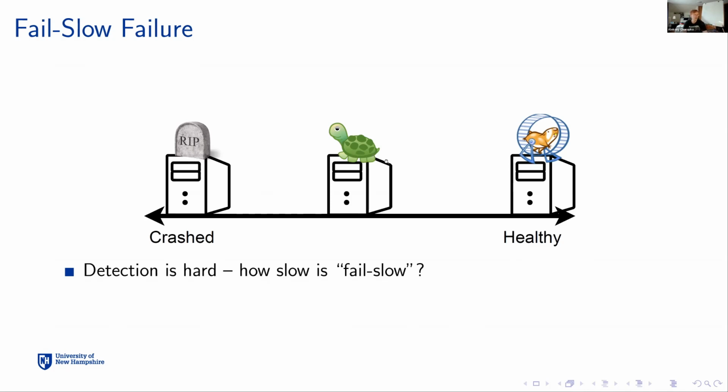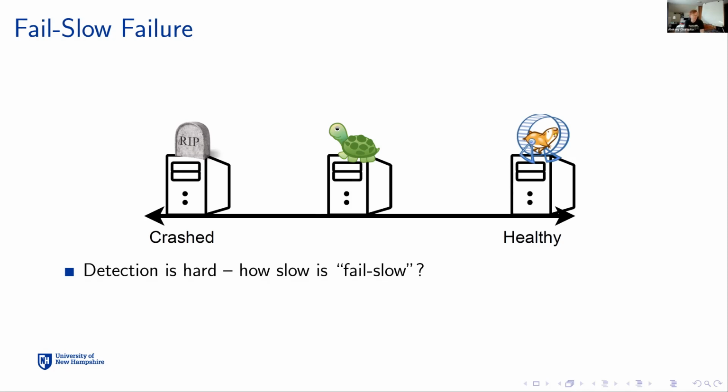Now the slow failures are somewhere in between this completely failed state and a normal, healthy state of a system or of a server or whatnot. It can manifest itself as just something working slow, right? So I put a turtle here to show that this is maybe a slow server.